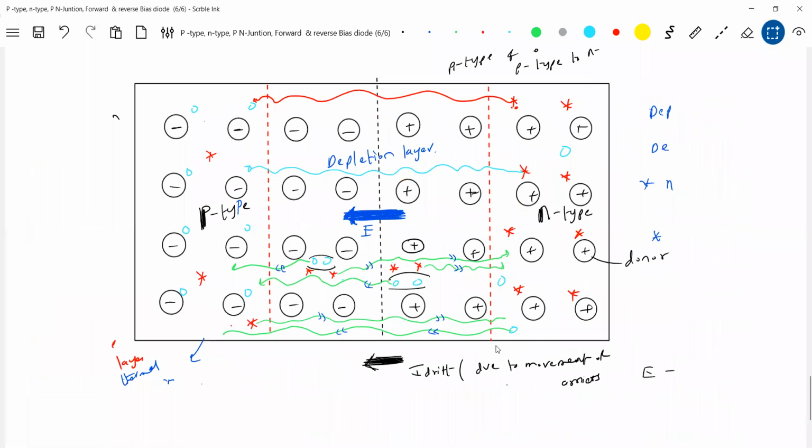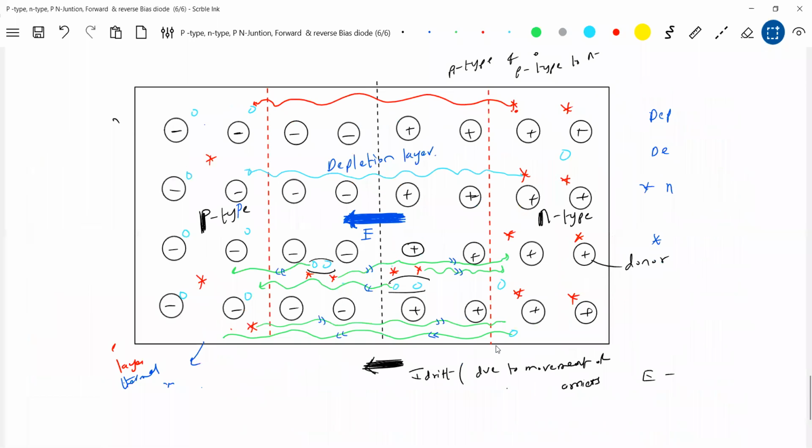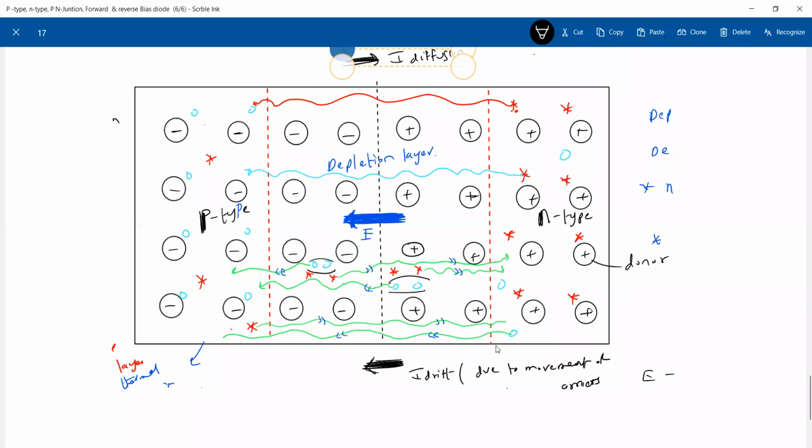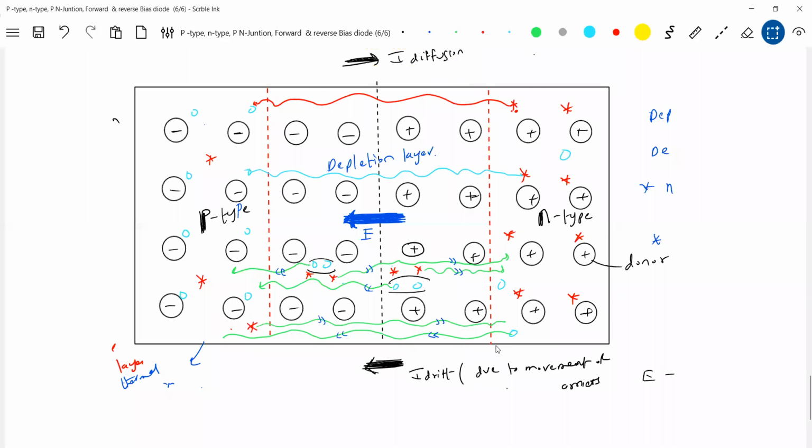Just do refer once. This will be I diffusion. Let me show that.